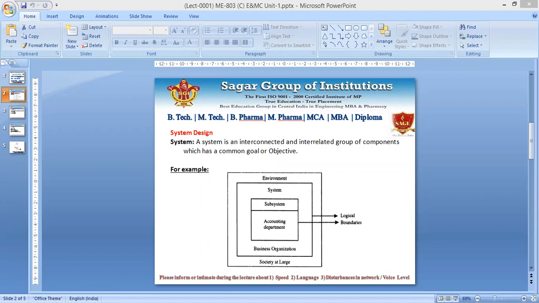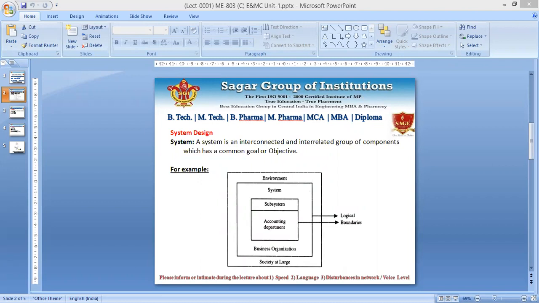So there the meaning of the effectiveness may change. Now in this way the enterprise receives the inputs from the environment and transforms it inside the system and reverts back to the outside, that is the external environment, as output.